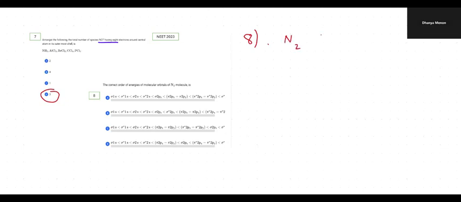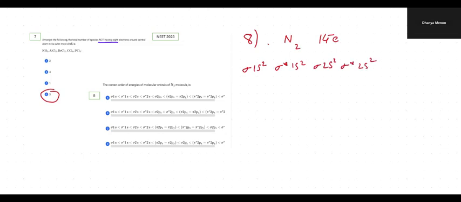So we need to follow the filling of molecular orbitals of species having 14 or less than 14 electrons. So we will follow the same order of 14 electrons, where we have sigma 1s2, sigma star 1s2, sigma 2s2, sigma star 2s2. This makes 8 electrons, 2, 4, 5, 6, 7, 8.